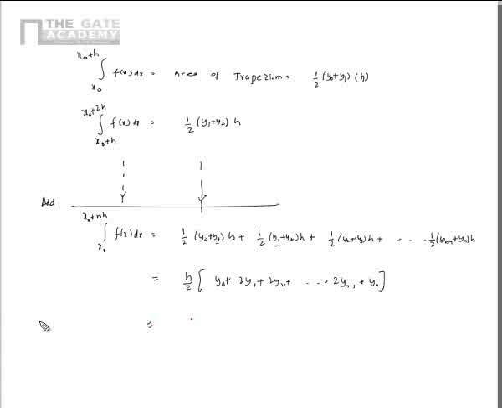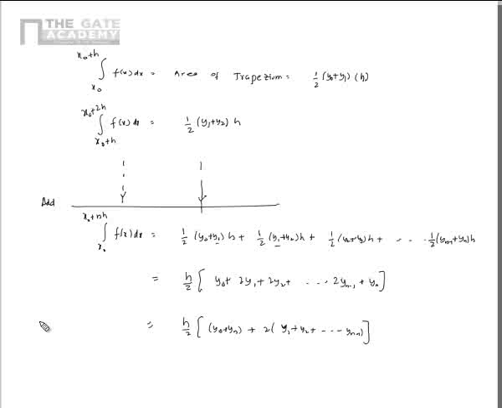So I can write this in this way: y0 plus yn separately, and then the terms where the 2 comes. Only at the end points you don't have the coefficient 2, whereas for the others you have the coefficient 2.